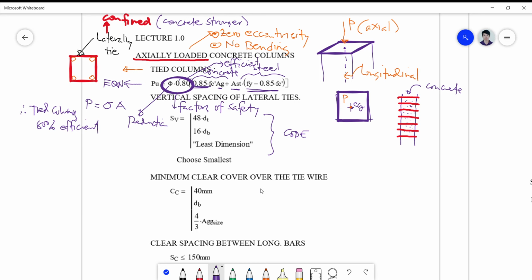And the vertical spacing, we call this the vertical spacing because this is a vertical view of your column. So these are now the vertical spacing S, okay.